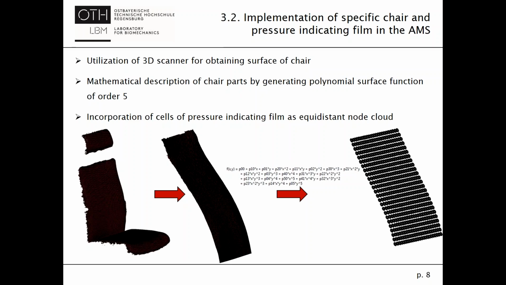The figures on this slide illustrate the process I just described. Here you can see the backrest nodes, where each node incorporates a pressure cell, and those are 1,440 pressure indicating cells.